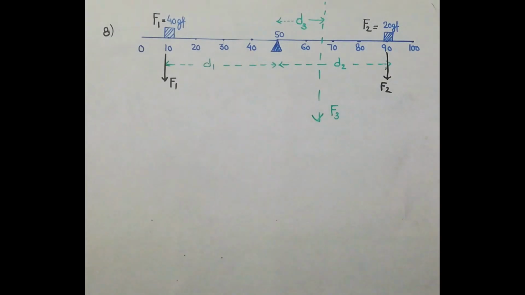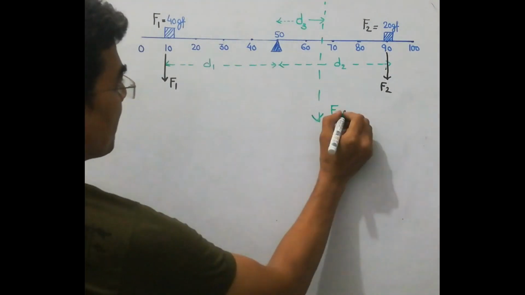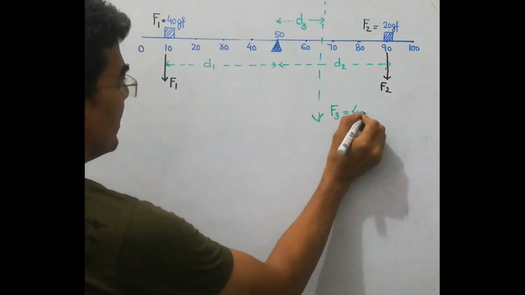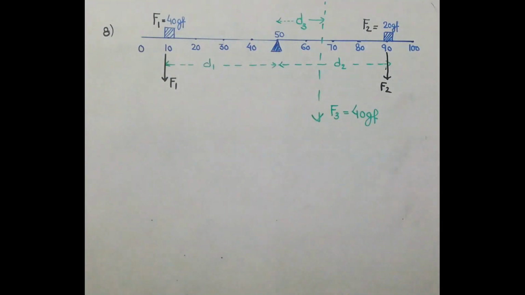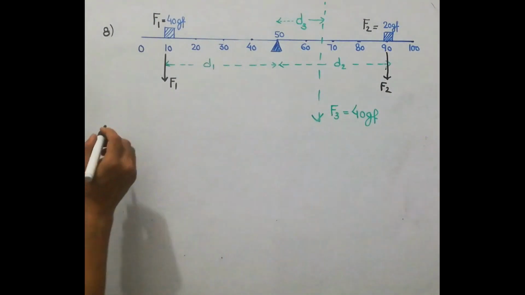F3 is known. How much is F3 given? 40 gf. But its distance is unknown to us. And the question says we have to find that distance. Now F3 is going to produce clockwise moment, and then the anti-clockwise moment will be equal to the clockwise moment. So we know the moment.